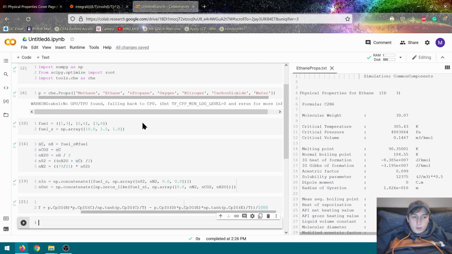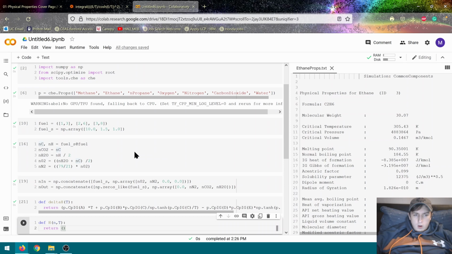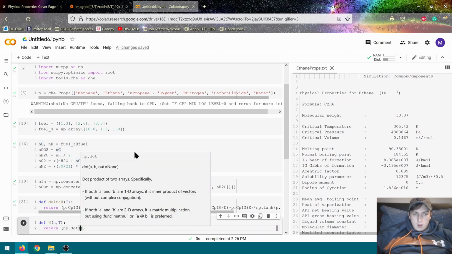So now we're going to define our functions for specific heat. So we're going to define H for our ideal gas. We are going to define it as np.dot, solving for the dot product of two arrays.